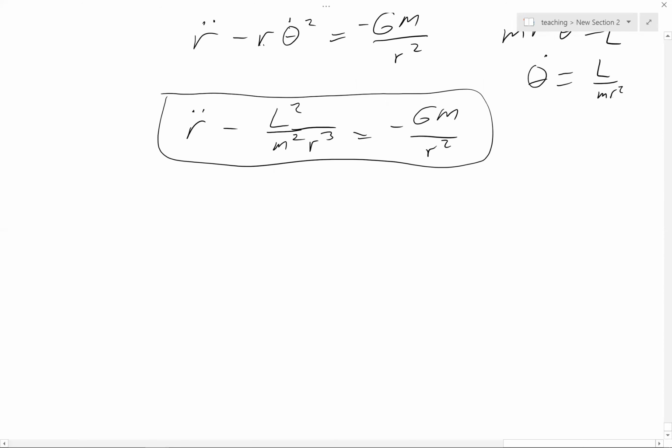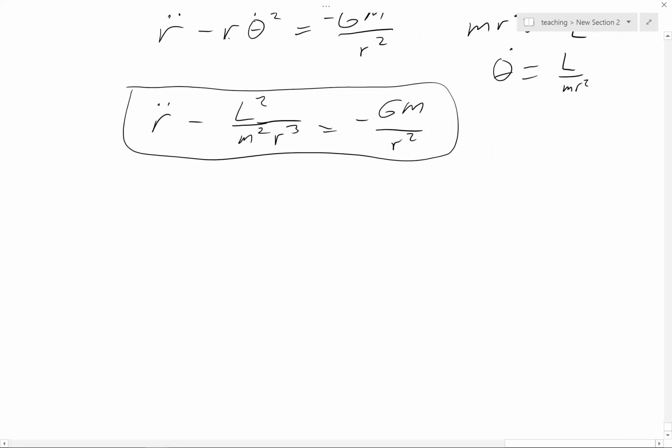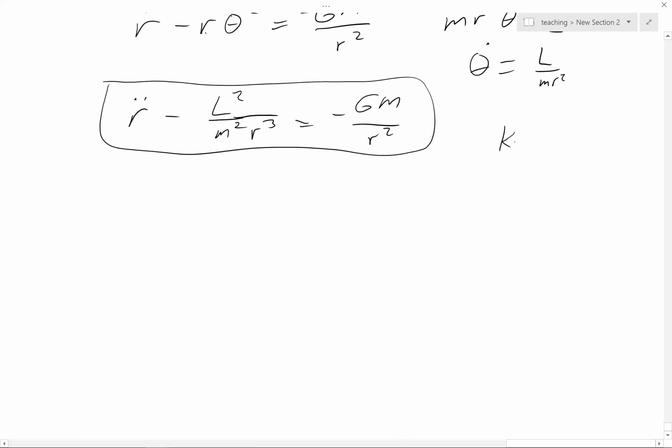And if you've taken a differential equations class, it might be a little surprising that you can solve this. It looks really not like anything you studied in differential equations. But if you think about the answer that Newton knew he was probably going to have, so remember, Kepler had already empirically figured out what the answer should be.